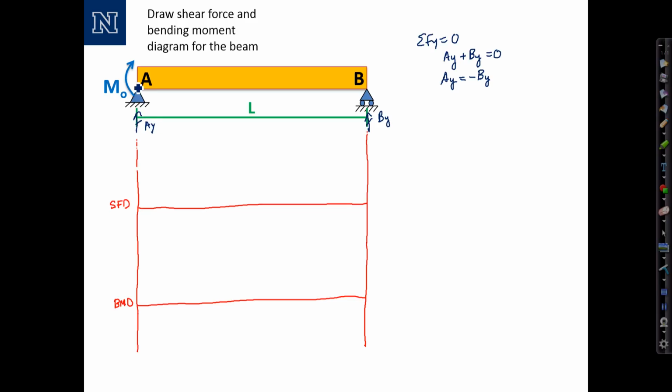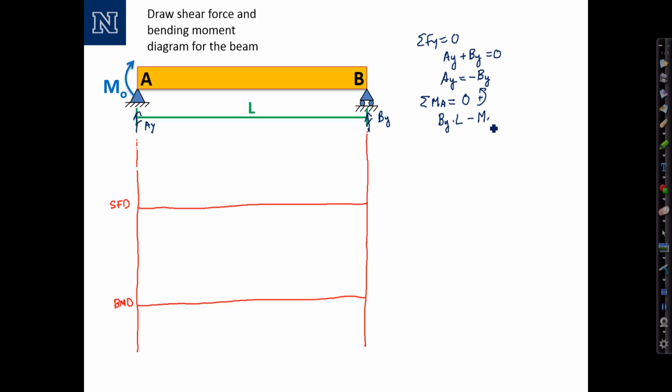Since the moment is in the clockwise direction, the reaction couple in the supports will be in the counterclockwise direction. Let's go ahead and solve them by taking the sum of the moments about A equals 0. This will allow me to solve for B sub y. Moments are positive in the counterclockwise direction. B sub y times the length of the beam forms a positive moment.